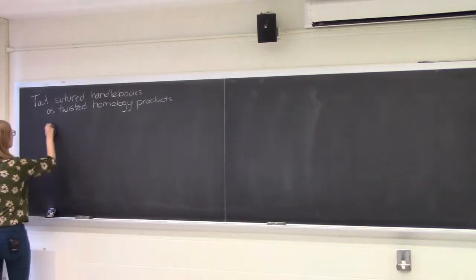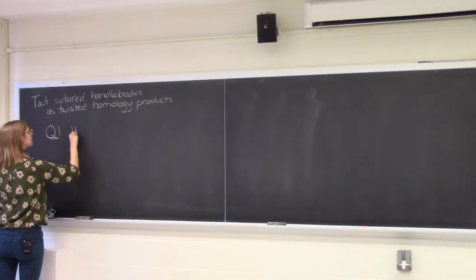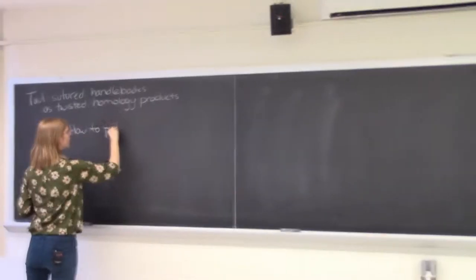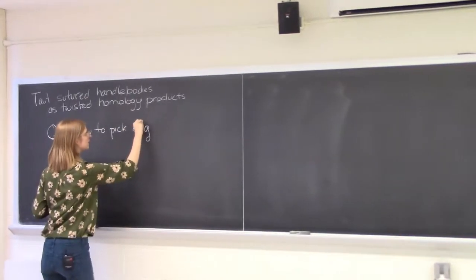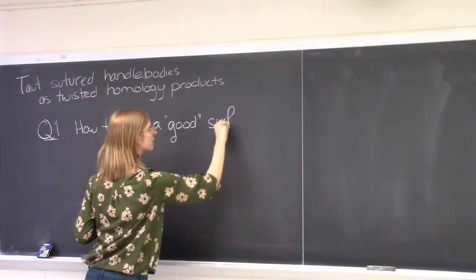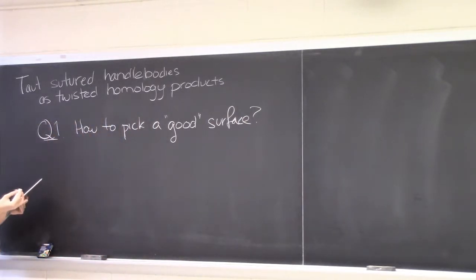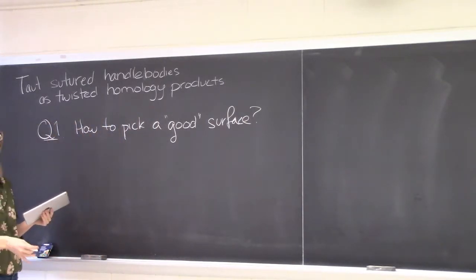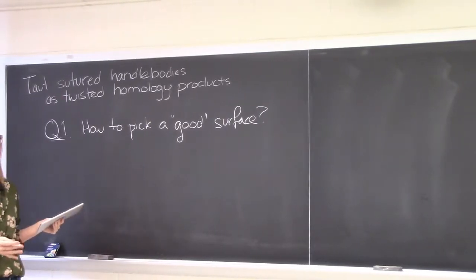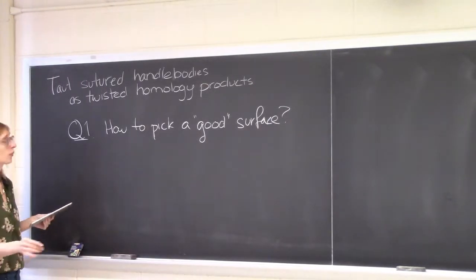This is question one: how to pick a good surface. As an answer to this, we want some notion of complexity of our surfaces, and probably a minimal complexity will tell us that that's a good choice.